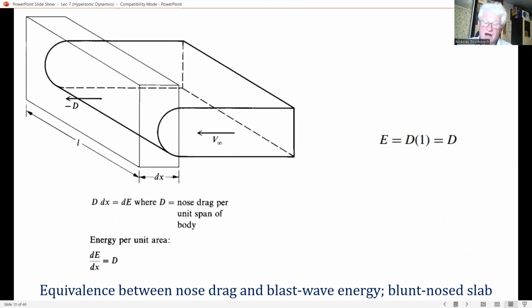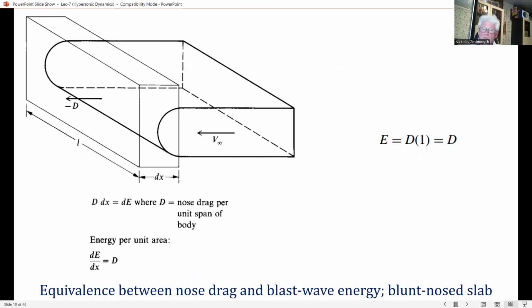In the blast wave analogy, the energy that is released is related to the wave drag of the nose, as follows. Now, consider the blunt nose flat plate shown in this figure. Let D be the wave drag of the nose per unit span.